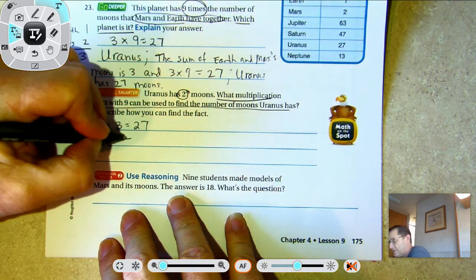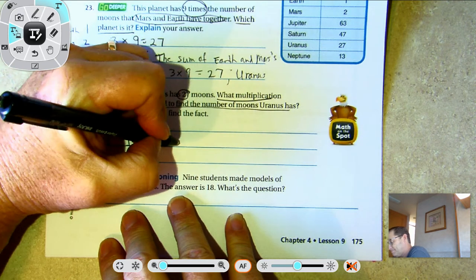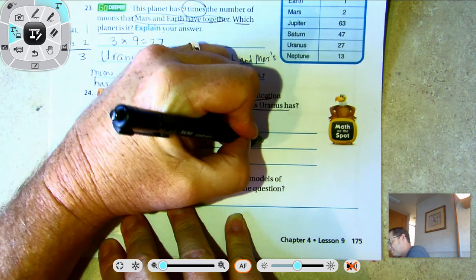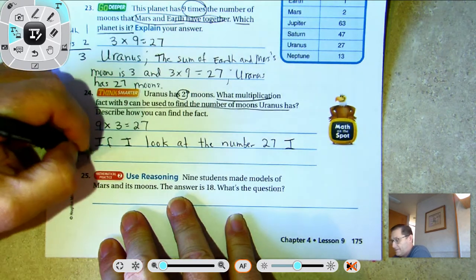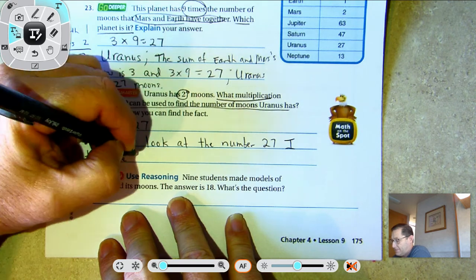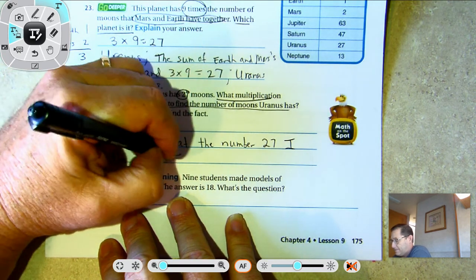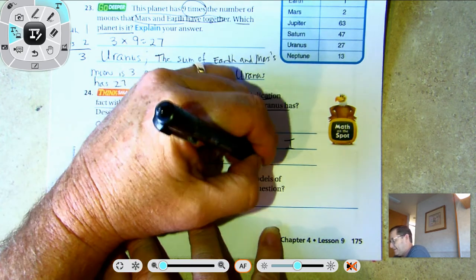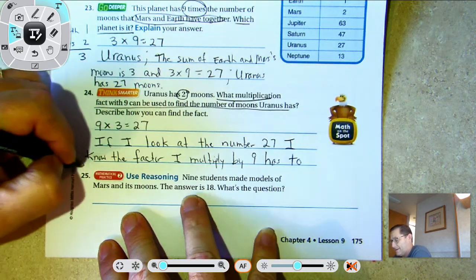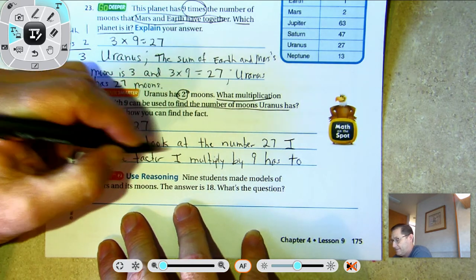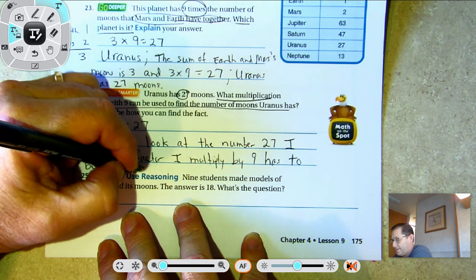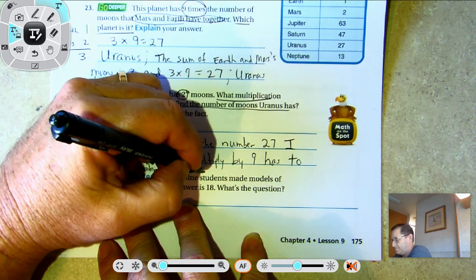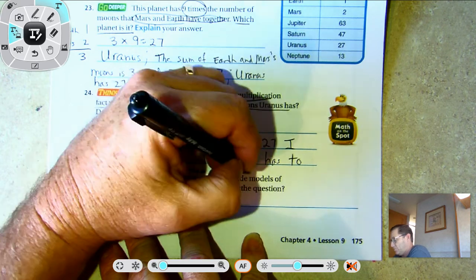If I look at the number 27, I know the factor I multiply by 9 has to be 1 greater than the tens in 27.